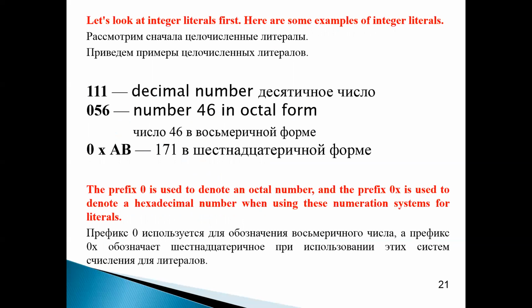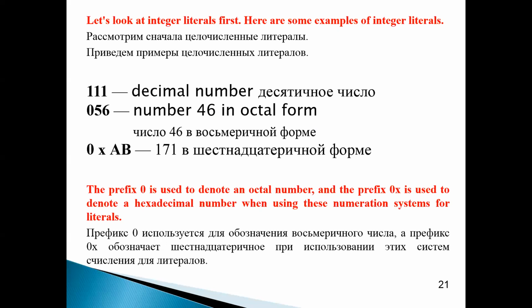Here are some examples of integer literals. For example, you can see decimal number 46; in octal form, it will be 056. For example, the number 113 in hexadecimal will be 0x71.